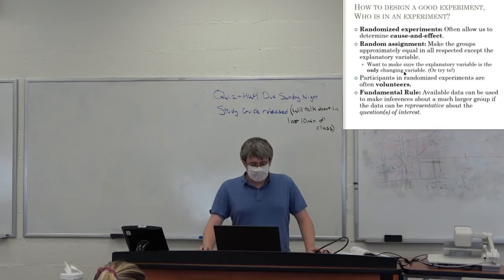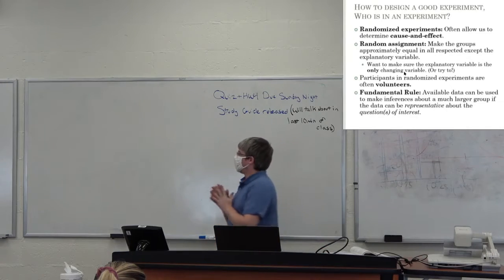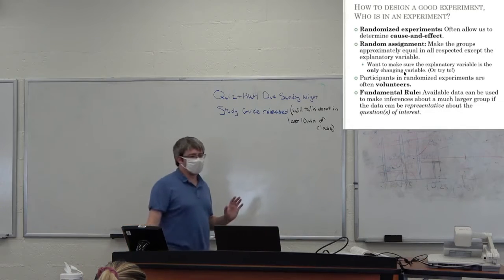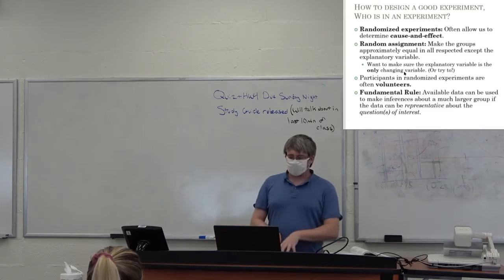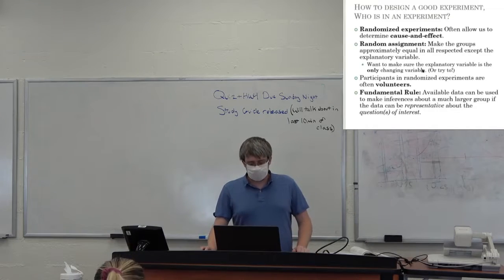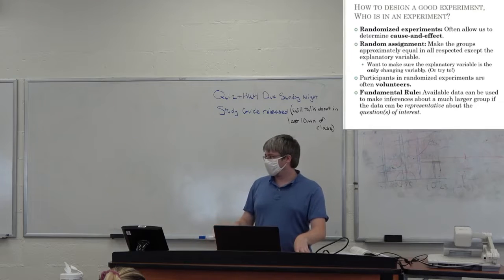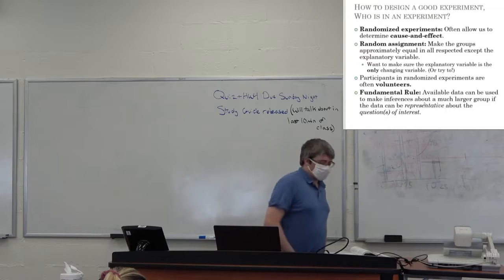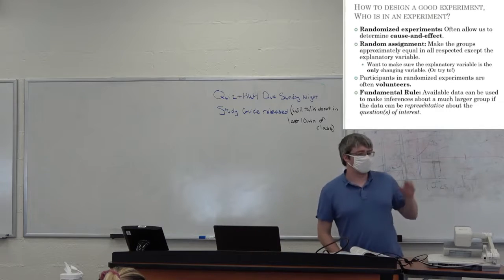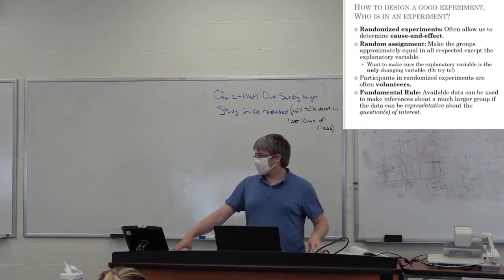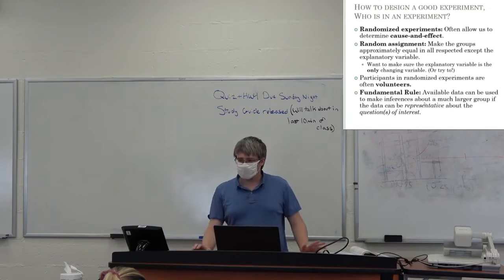The main thing you want to do is make sure that the explanatory variable is the only changing variable you want to look at. So you want to try to keep everything constant and controlled, so you can say that the explanatory variable causes a change in the response. And lastly, talking about the fundamental rule, you need to make sure that your data and your sample is representative to the question of interest and the larger population as well.